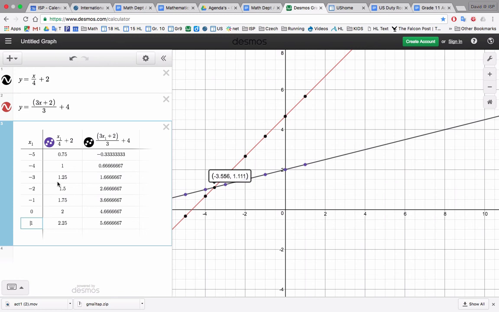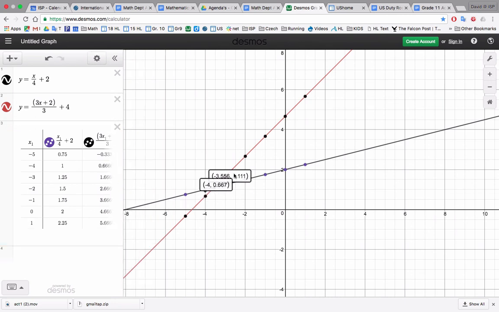But what I can see is when I start to look at this line, 1 and 0.666, they're close. 1.525 and 1.666, they're close. When I start in this area here, they're as close as they're going to be. These values start to get further apart. And so what is going on is these values are describing this distance.